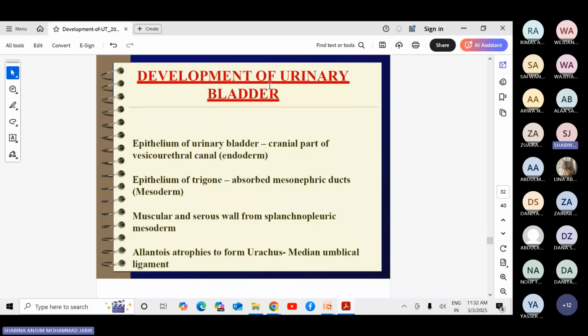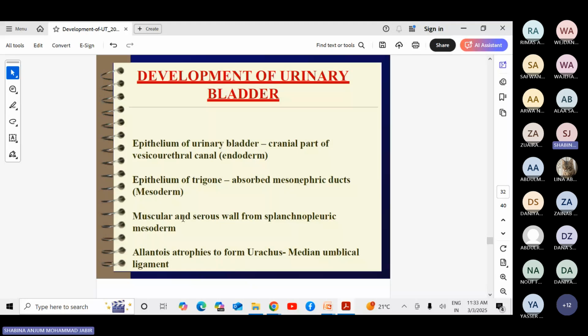So in the urinary bladder, the epithelium develops from the cranial part of the vesico-urethral canal. What about the trigone? It will be developed from the absorbed mesonephric ducts, meaning it is mesodermal in origin.